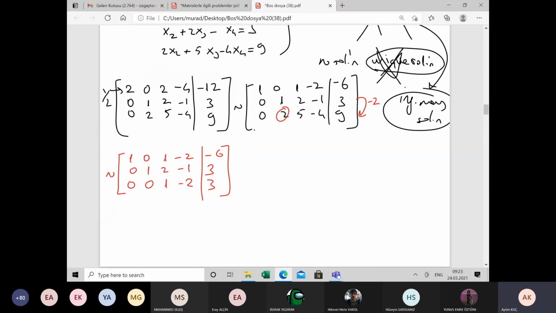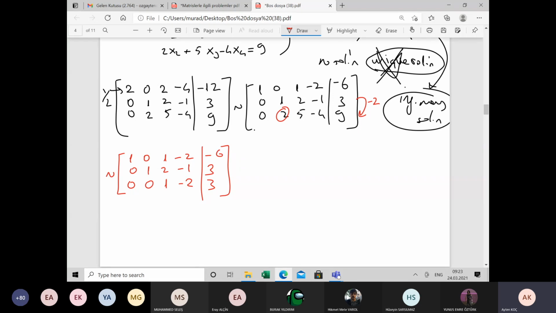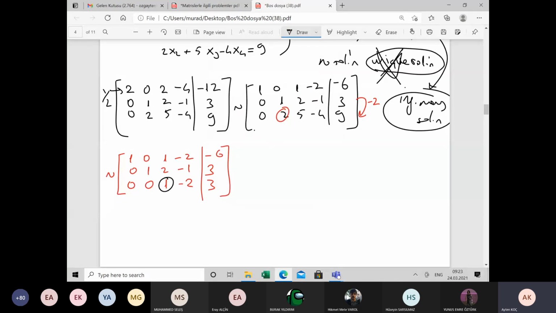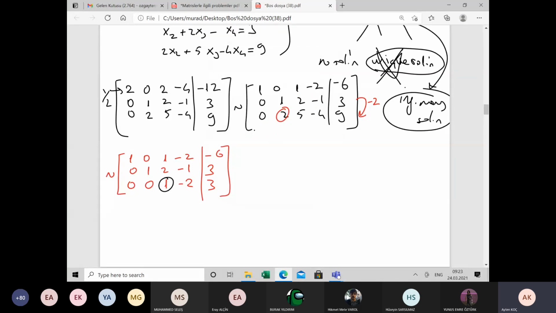To get a leading one in the last row, we already have 1 here. So this is in row echelon form, but our aim is to get reduced row echelon form. Now take the last leading one. Our aim is to get 0, 0 above it. Take this row, multiply by -2, and add to the second row.